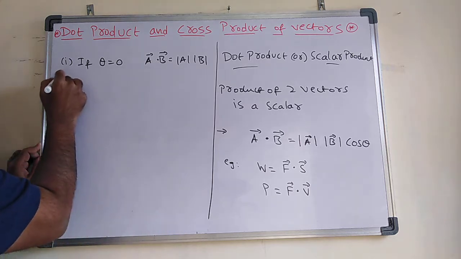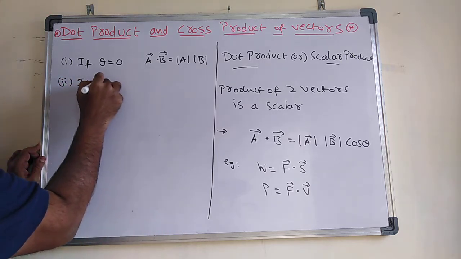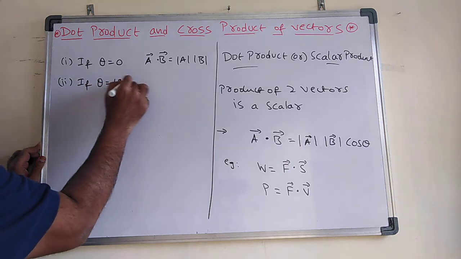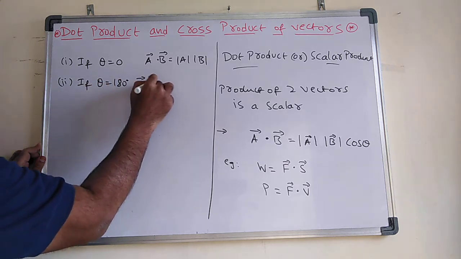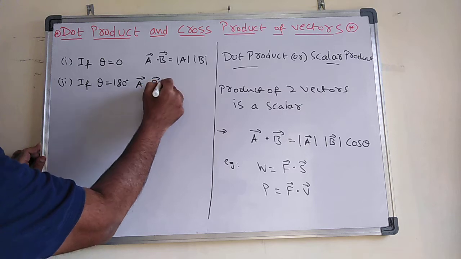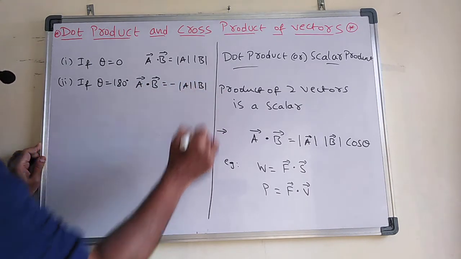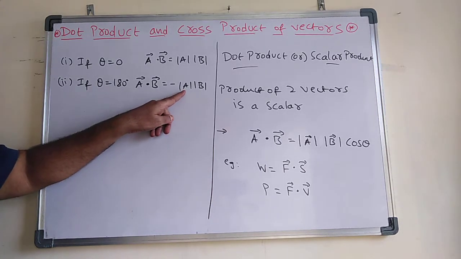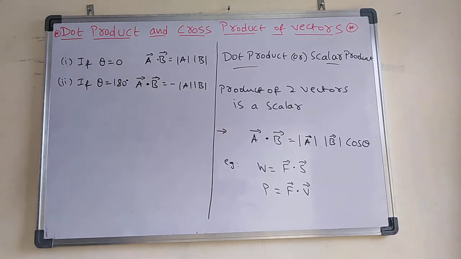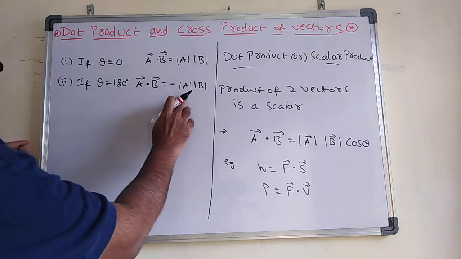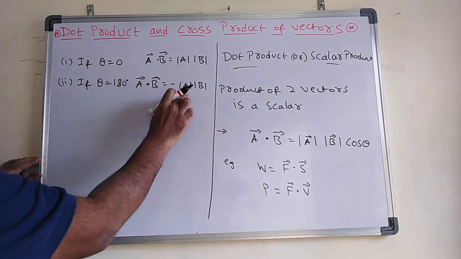If theta is 180 degrees, then A dot B is minus modulus of A into modulus of B, a negative maximum. So this is positive maximum, and this is negative maximum.